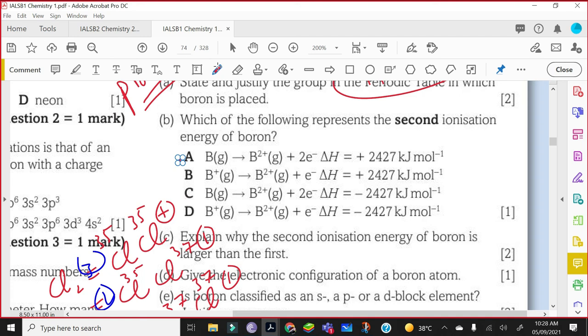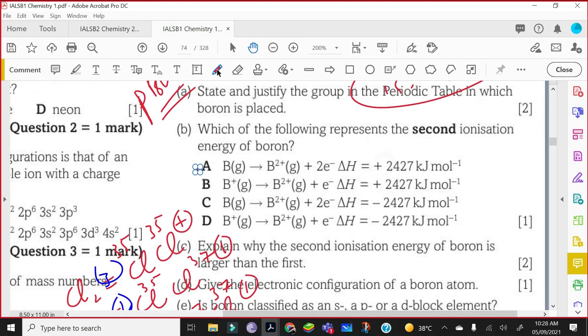Okay. First of all, ionization energy is an endothermic process, so you are going to choose the endothermic ones. Either it will be the first one or the second one. Okay, it cannot be exothermic. Now, why is it the second one? Why not the first one? Because the second one is giving you the overall ionization energy.